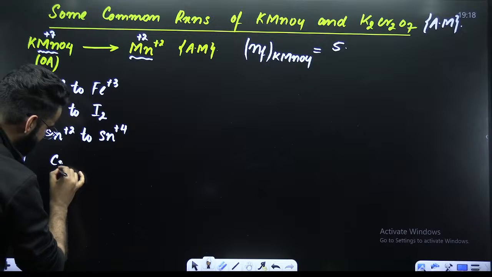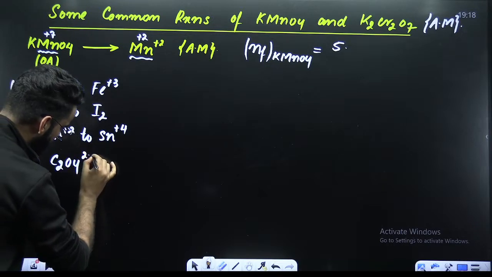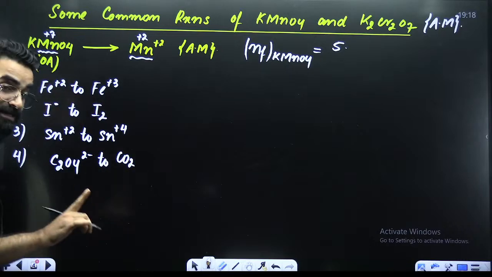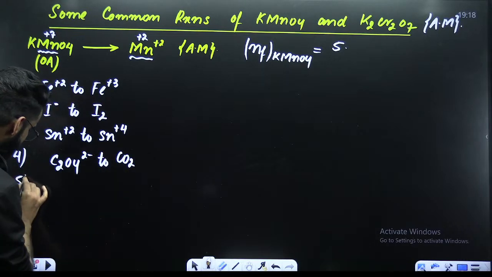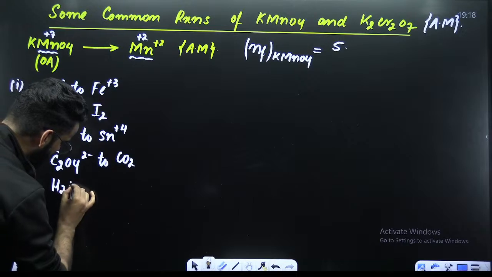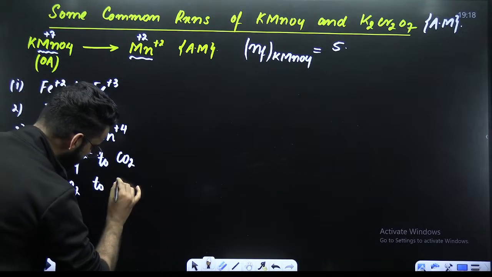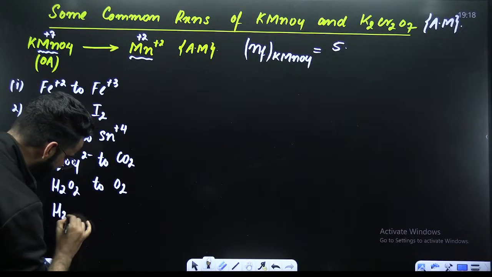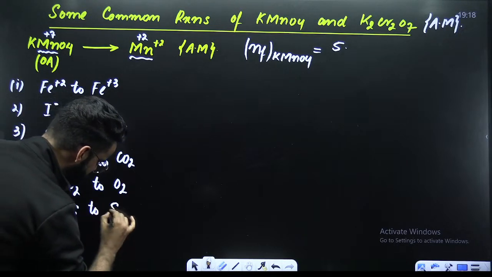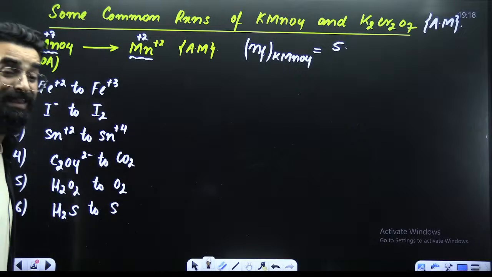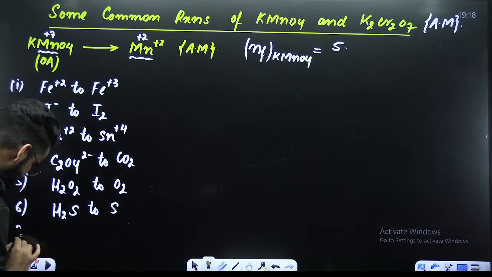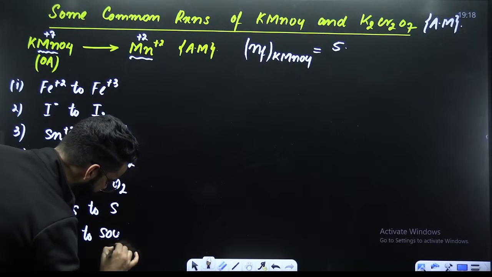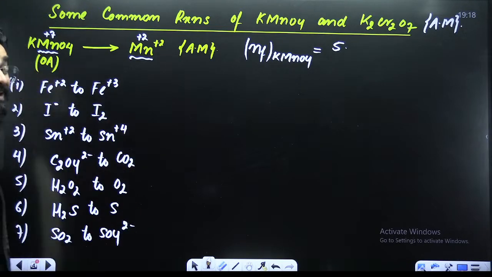KMnO4 converts oxalate ion, C2O4 di-negative, into carbon dioxide, again in acidic medium. The same KMnO4 converts H2O2 into O2, H2S into sulfur, and SO2 into SO4 di-negative, each in acidic medium.